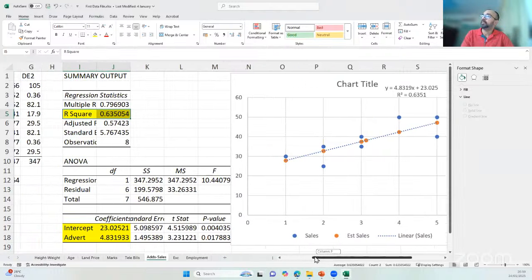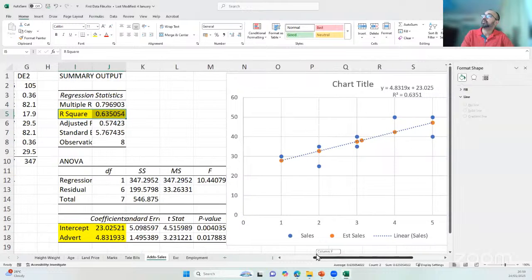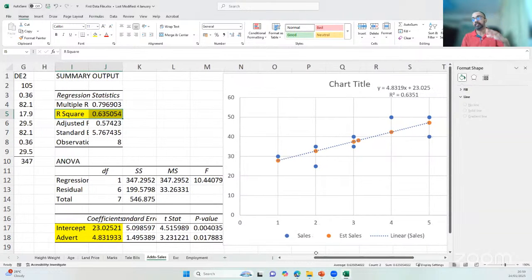So the idea of R squared is therefore to figure out whether the data is quite close to each other or not, right? I mean, close to the model line. Whether the data is scattered closer to the model line or not.